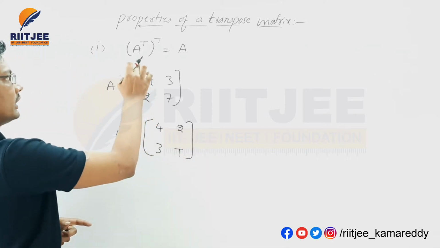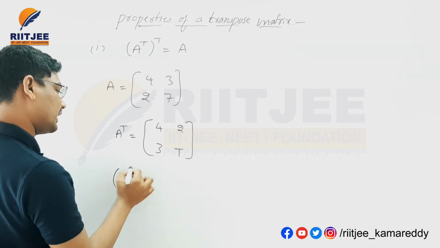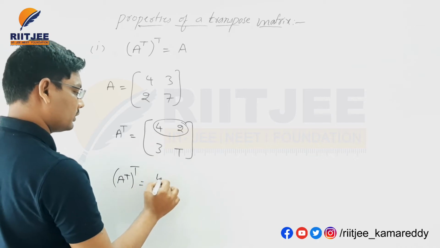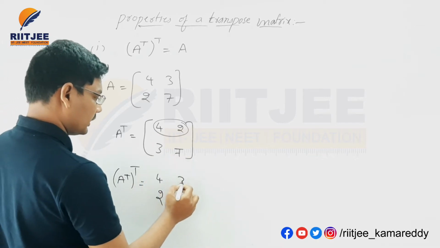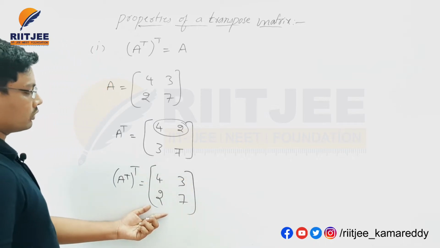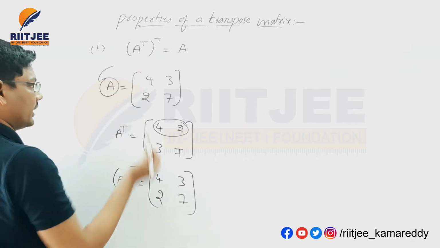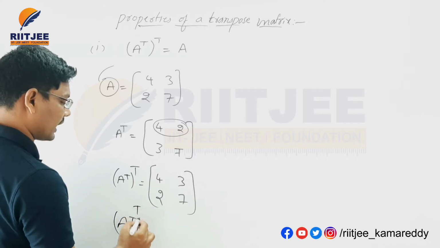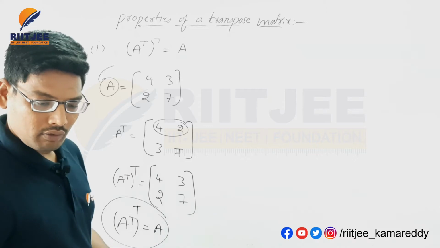And again it is whole transpose, so again we need to transpose the answer of A transpose. If you change this row into columns, that will become 4, 2 and this will become 3, 7. So again if you look at this one, this is the matrix A. So finally the condition is satisfied: A transpose whole transpose is equal to A. This is property number 1.